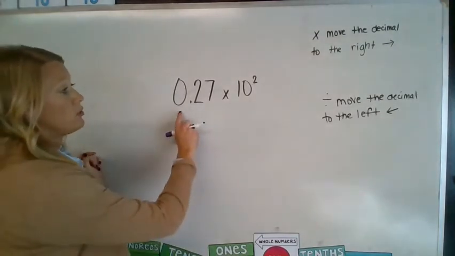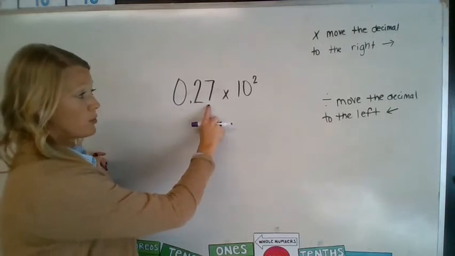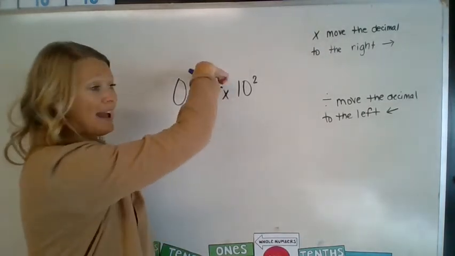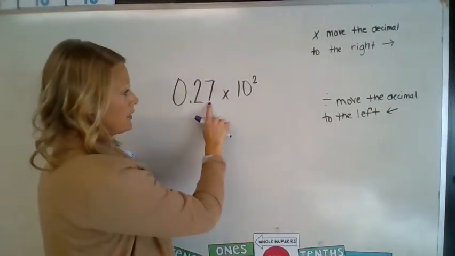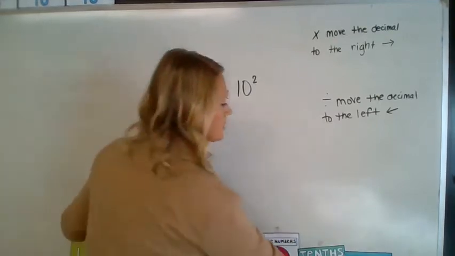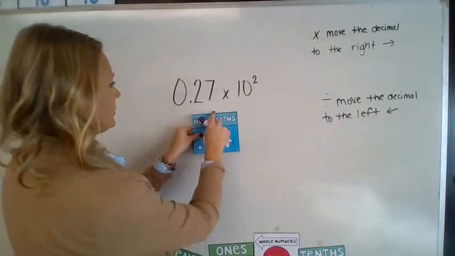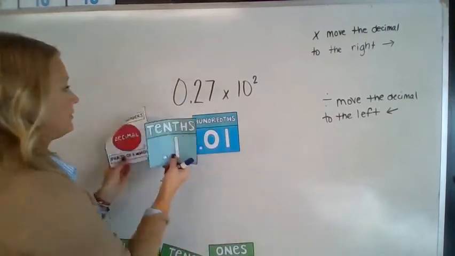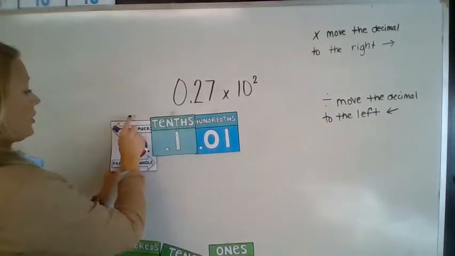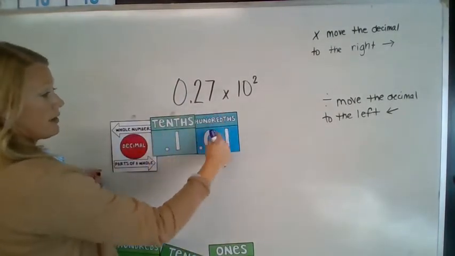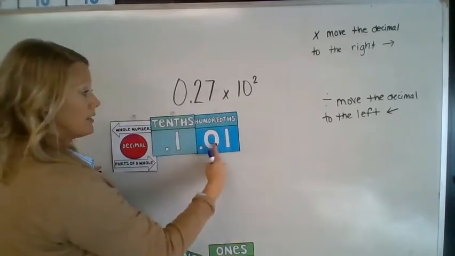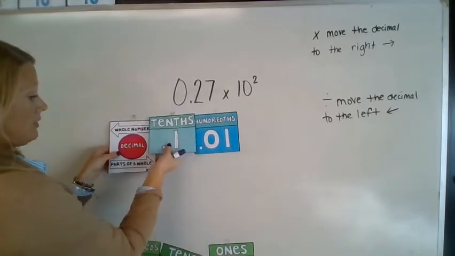Right? So you read it by, you say the number 27, and you say the last place value. And our last place value, this is the hundredths. So I would say 27 hundredths because the 7 is in the hundredths. And that you can see it even there.